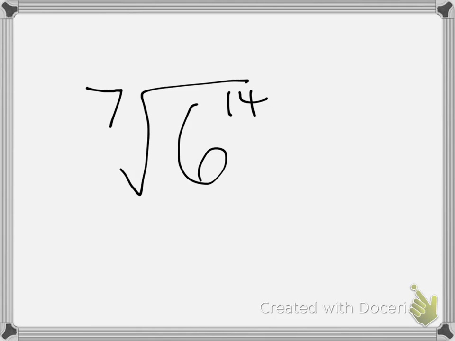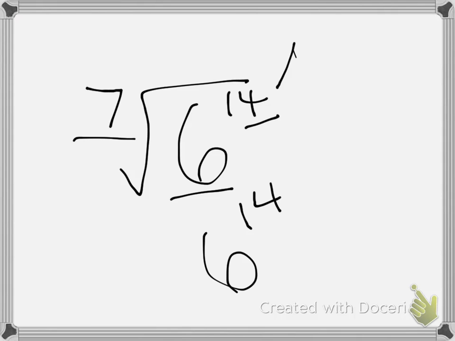Okay. So remember, we always take the base, so in this case it would be 6. And then we take the numerator, which in this case would be 14. So 6, 14. And then we take the root, which in this case is 7.